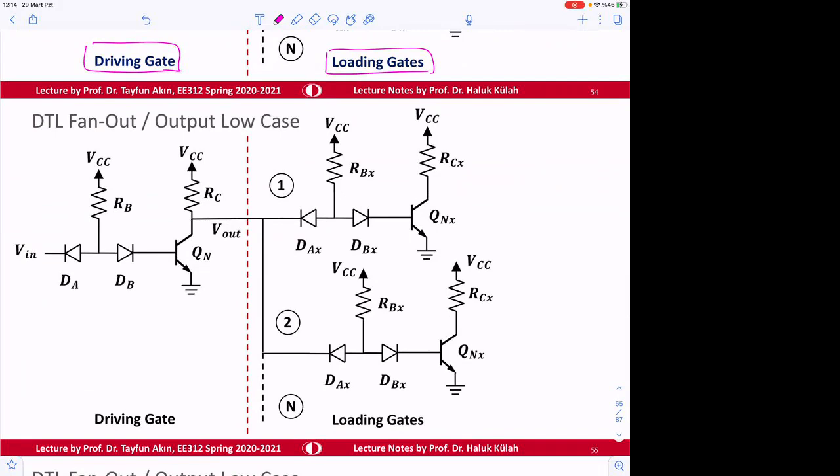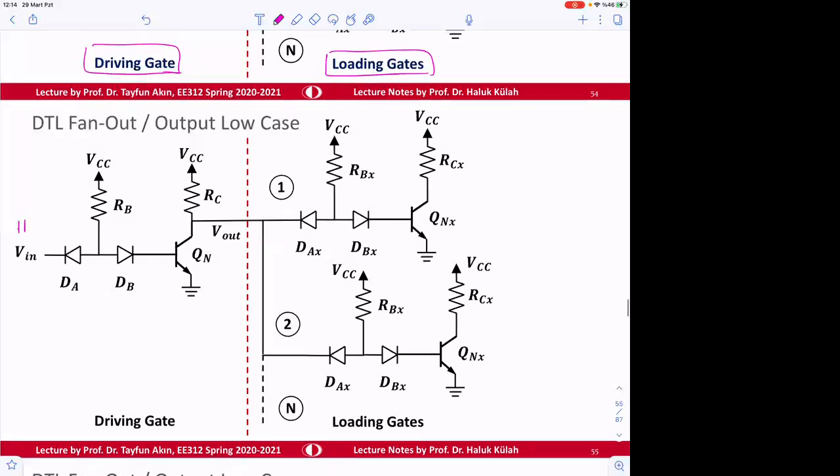What happens in the low case? Low case means we apply here high voltage, high. Okay, so this is low. That's the case. The high needs to be applied here to get the low. So high means we apply here the highest voltage that we can give, which is VCC or 5 volts. So when we give here 5 volts, we know that this junction cannot turn on, so this will be off.